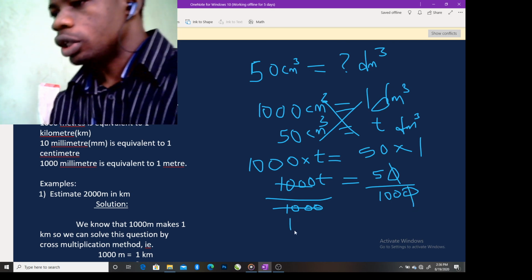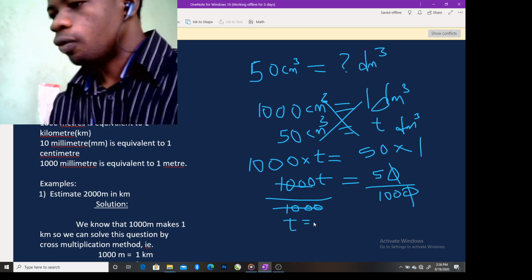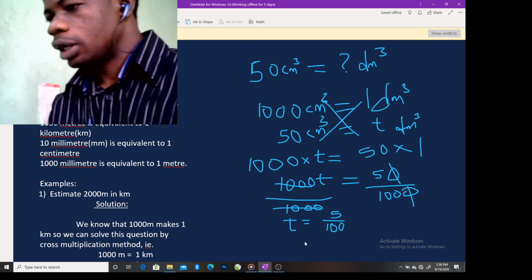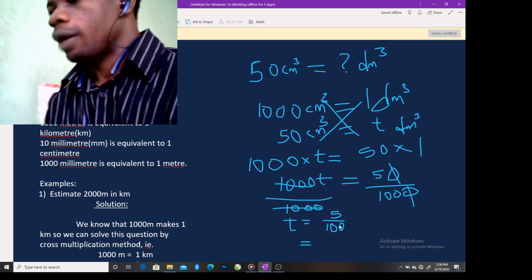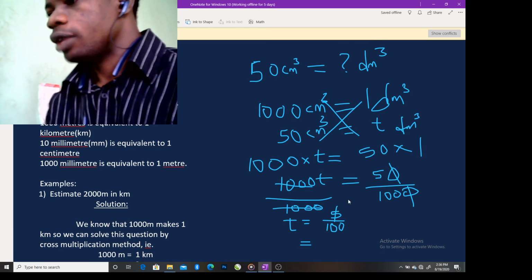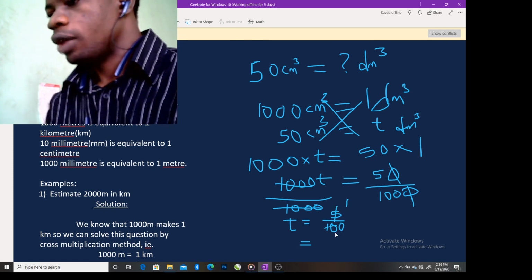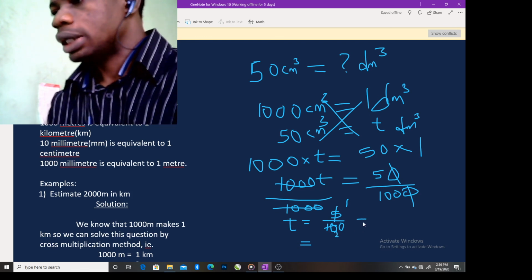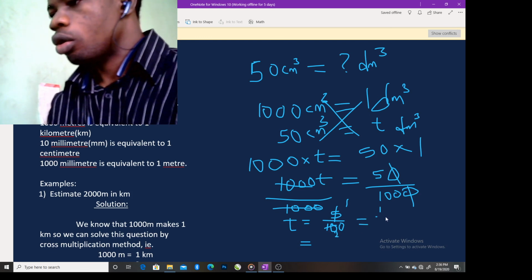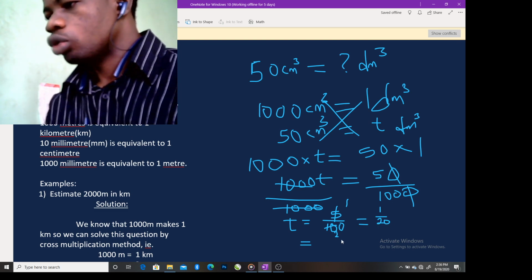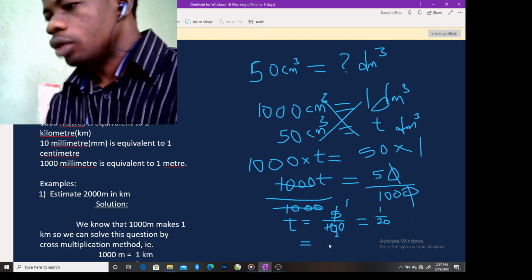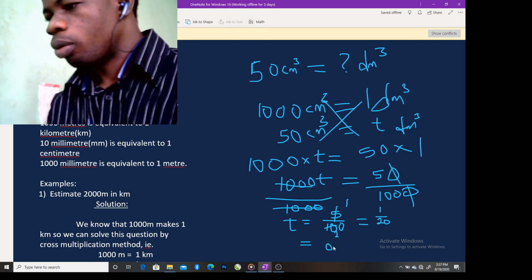So your T will be equal to 5 upon 100, and that can be equal to 1 upon 20. 20 in 1 is not possible, so you have 0 point.